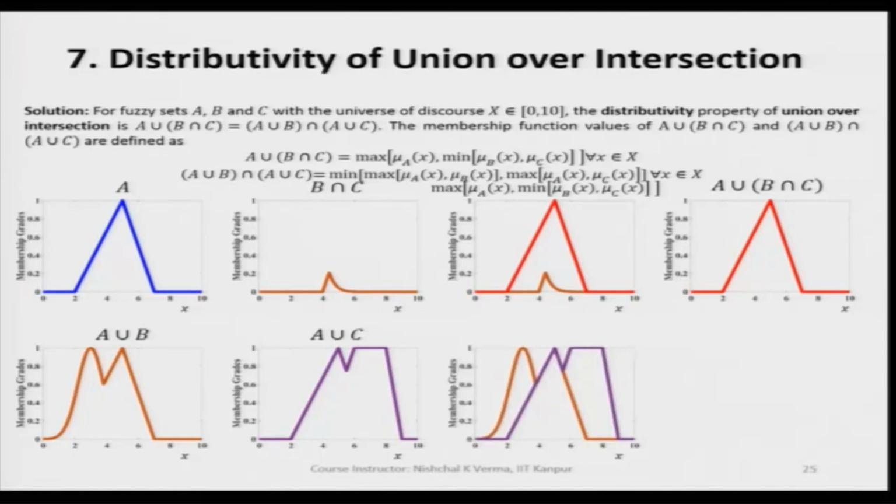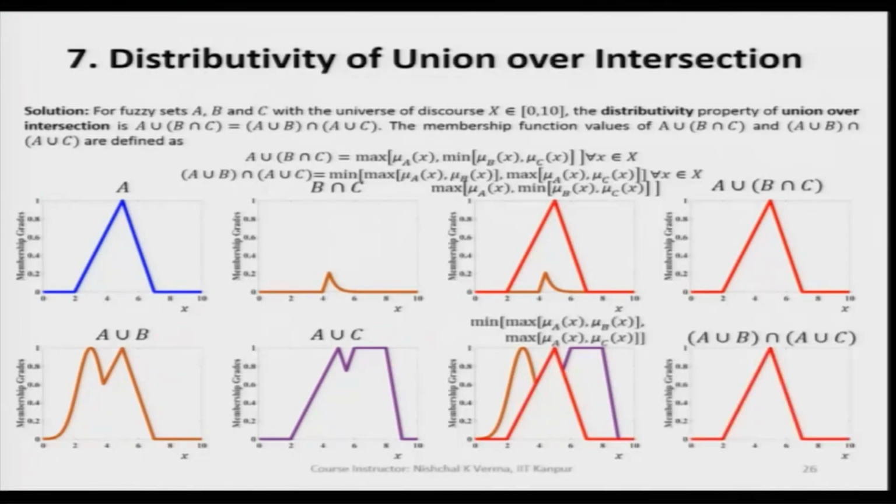Now, let us see what we are going to get as the intersection of these two fuzzy sets. When we overlap these two fuzzy sets, this is the A union B fuzzy set, this is the A union C fuzzy set. Since we are interested in the intersection of these two, we have to apply the min criteria.